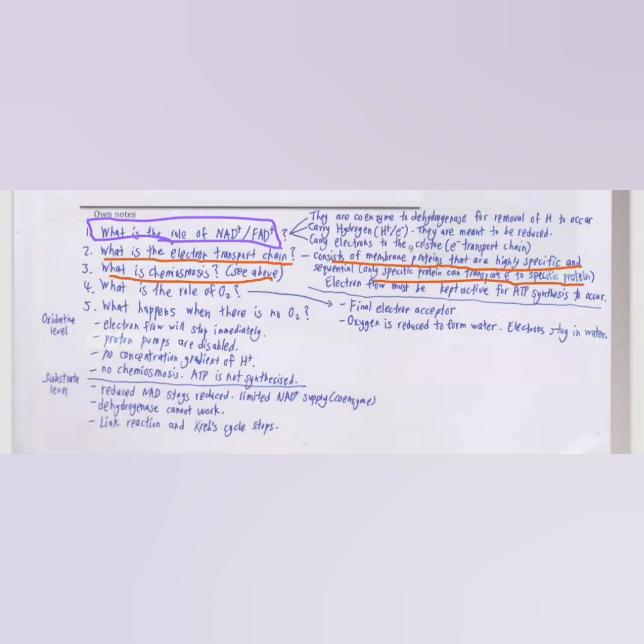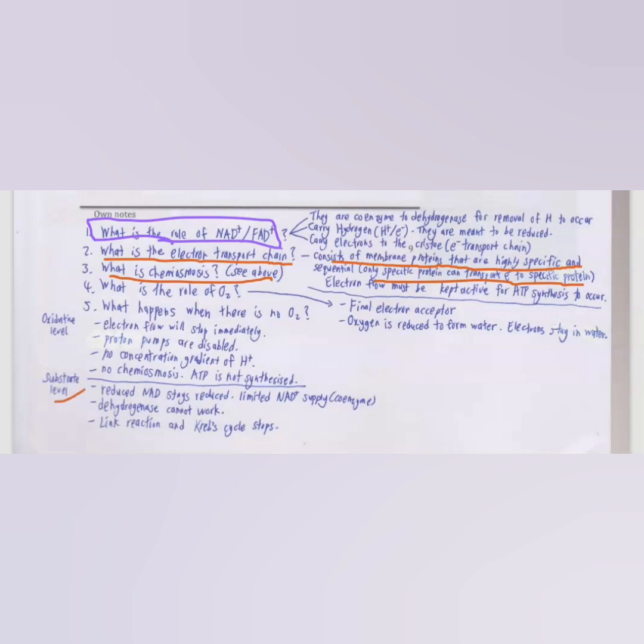So there is no chemiosmosis at all, so no ATP will be generated. Oxidative phosphorylation is stopped here, and the 28 ATP molecules will no longer be produced. Only glycolysis will continue due to some of the enzymes present in the cytoplasm.